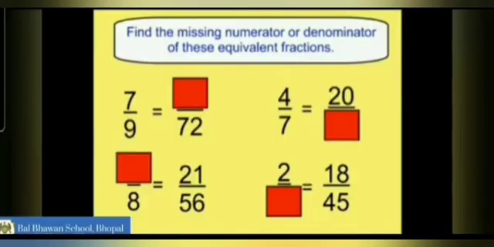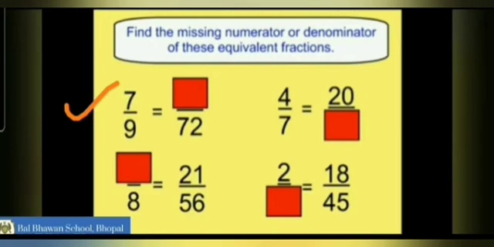We need to find out the missing numerator or denominator of these equivalent fractions. That means they have given us either the numerator or the denominator of the equivalent fraction and we need to find it. Children, how I am going to get 72 as an equivalent to 9, this I need to find out in this question.